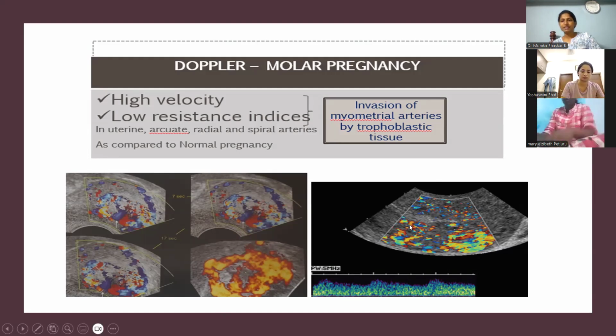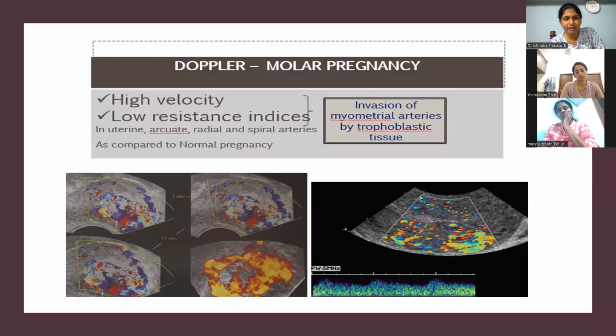So this proves that there is a lot of neovascularization happening. Mainly the uterine vessels will invade and supply blood to the trophoblastic tissue. So this also should give you a suspicion that it could be molar pregnancy.